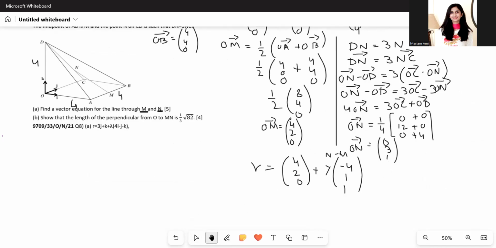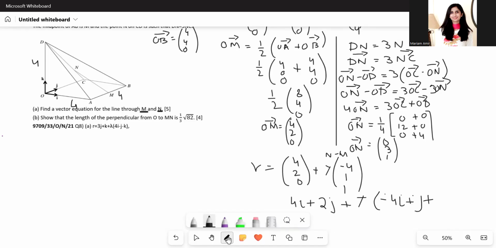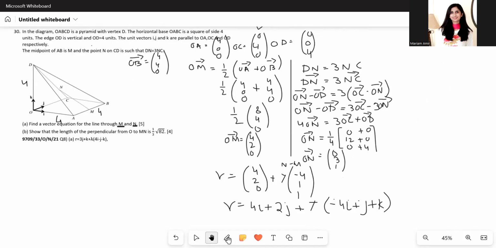Now we will write it in ijk form, which would be 4i plus 2j plus lambda times minus 4i plus j plus k. This is the vector equation of the line passing through MN.